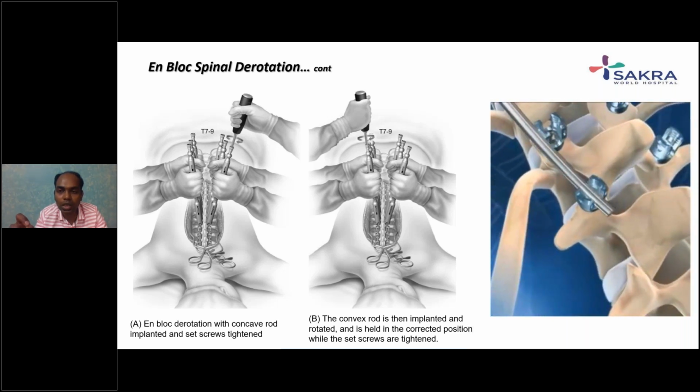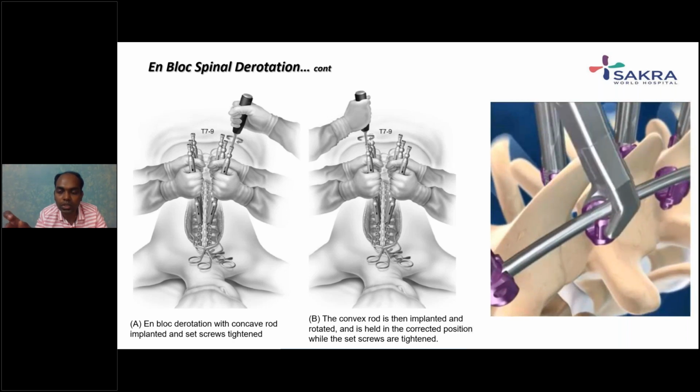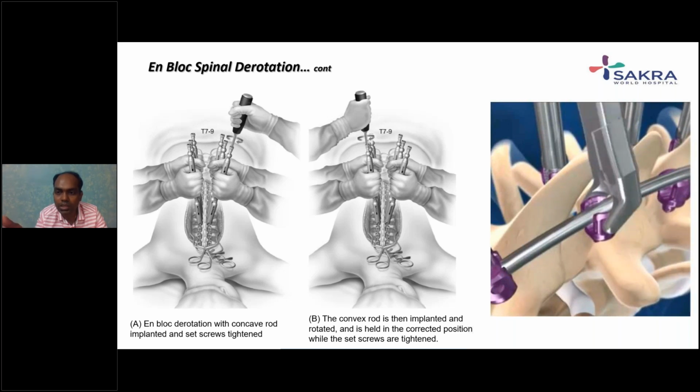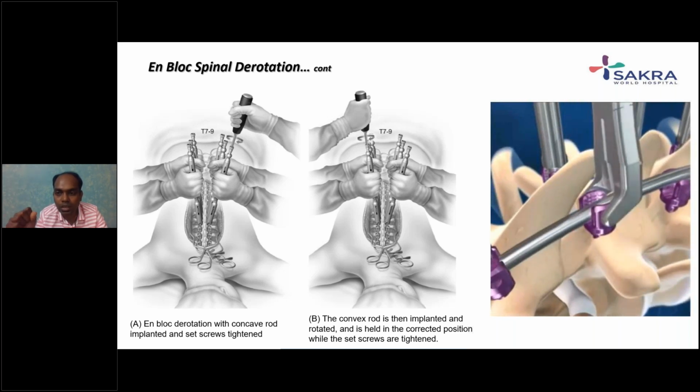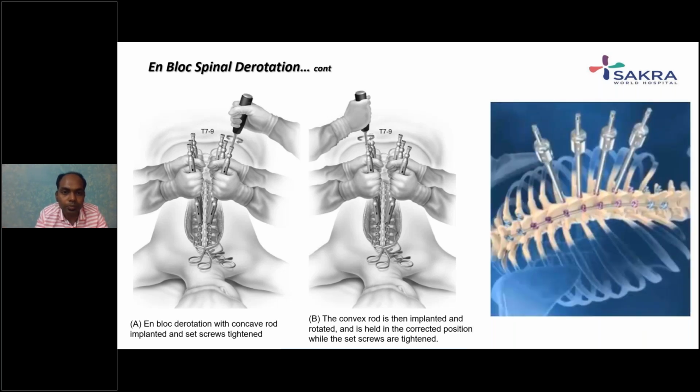The rods are applied and then captured on the concave side with multiple reducers, and the final correction is also done by these extenders or derotators placed on the convex side.